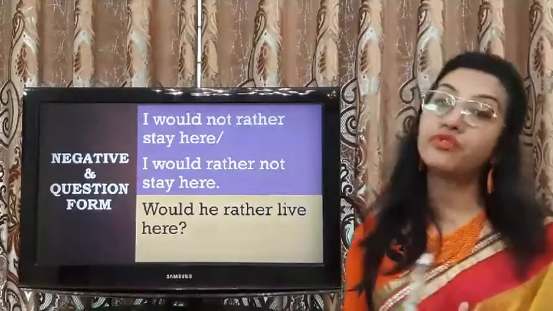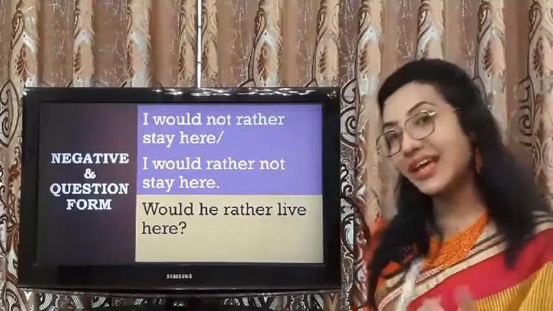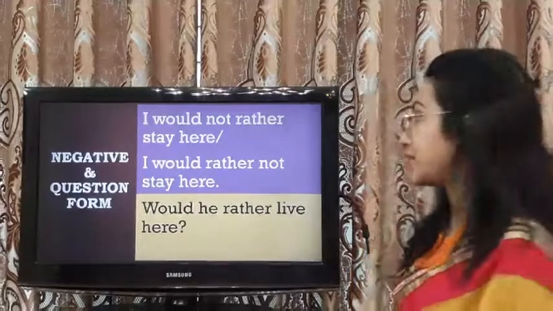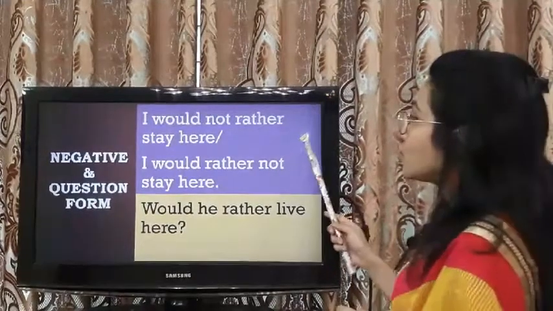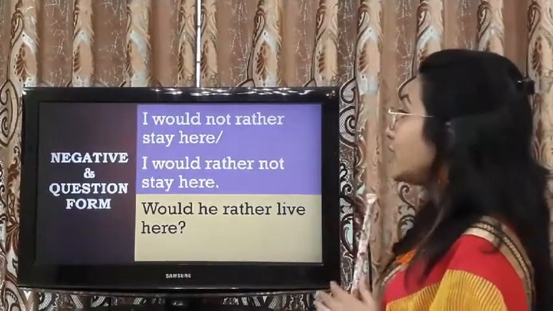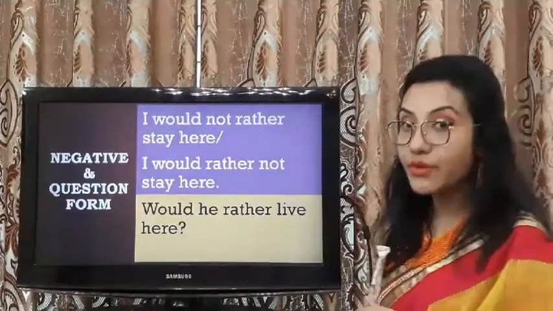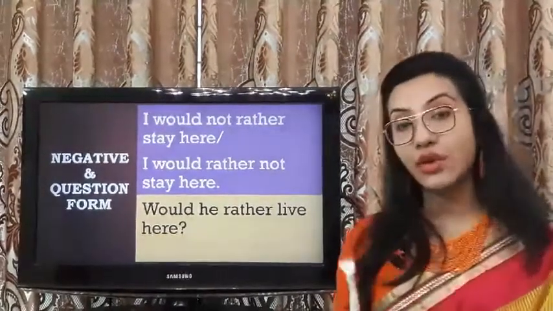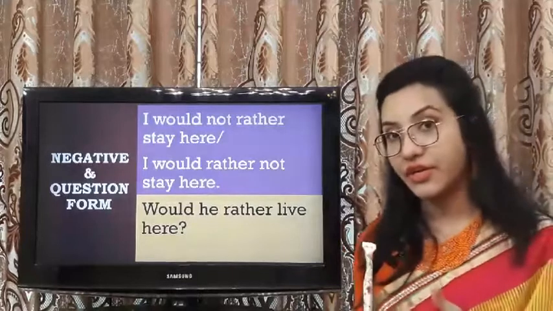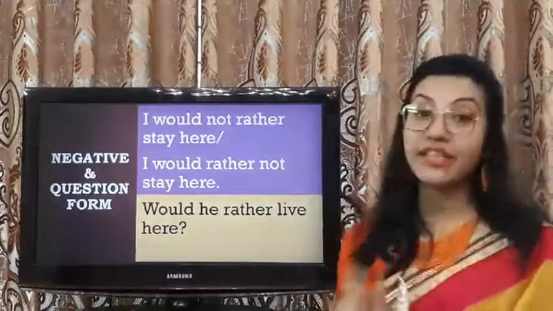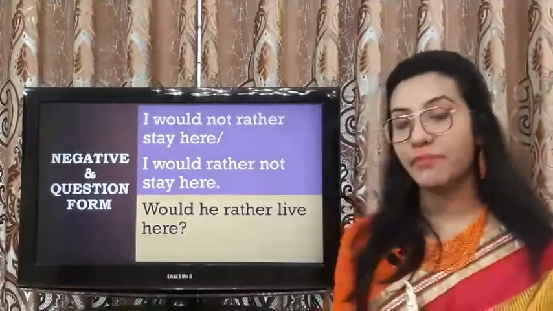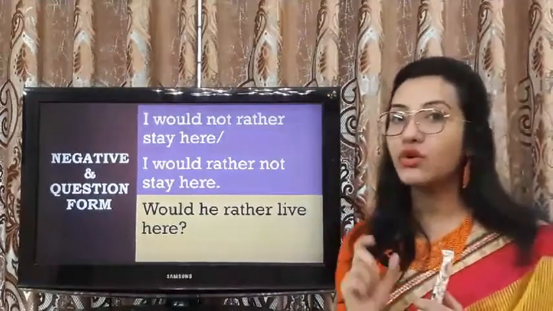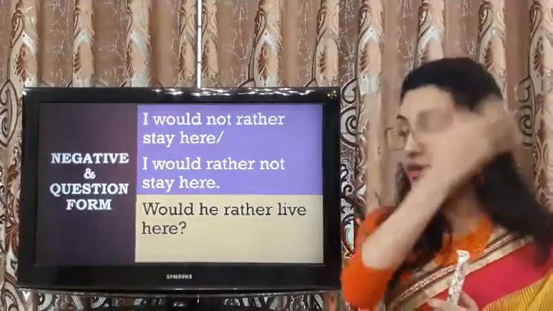So how would rather is going to be used in negative or in interrogative form? Let's see. I would not rather stay here, or I would rather not stay here. So as you can see, there are two structures given here. We have just added not to make it negative. আমরা নেগেটিভ করার জন্য শুধুমাত্র not ইউজ করেছি, but in different ways.